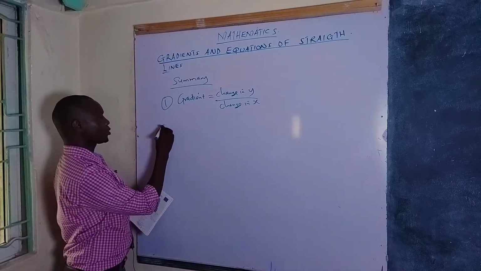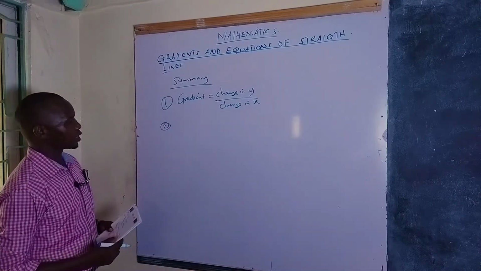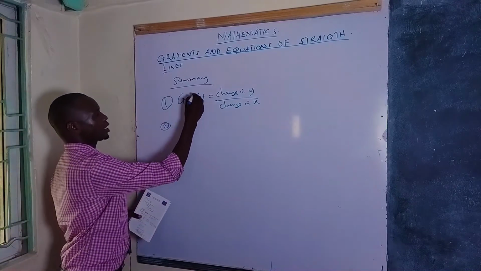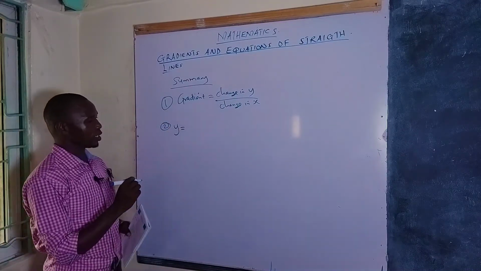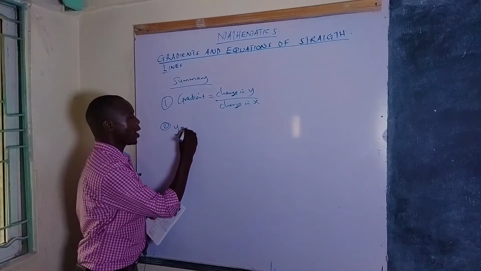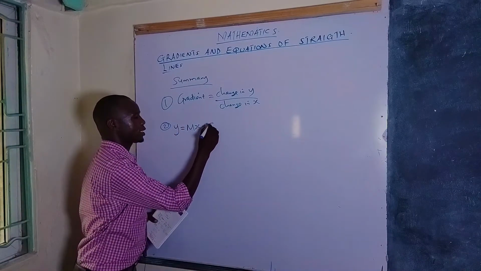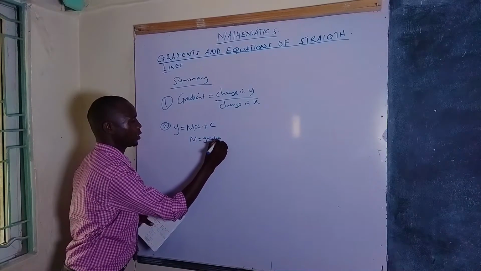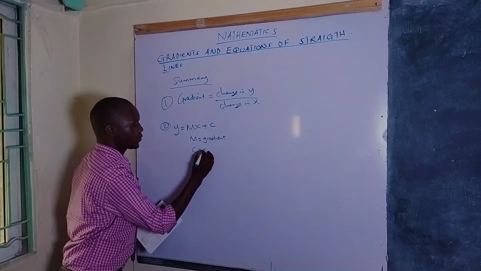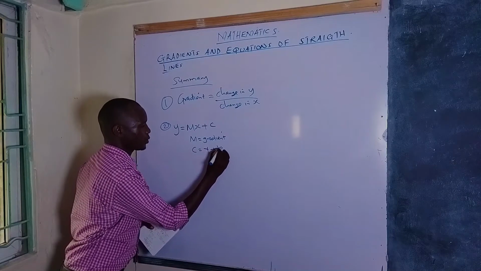Number two, we have also looked at how to get the equation of a straight line. One important thing you need to understand is that the equation of a straight line is always in the form y = mx + c, where m stands for the gradient and c stands for the y-intercept.